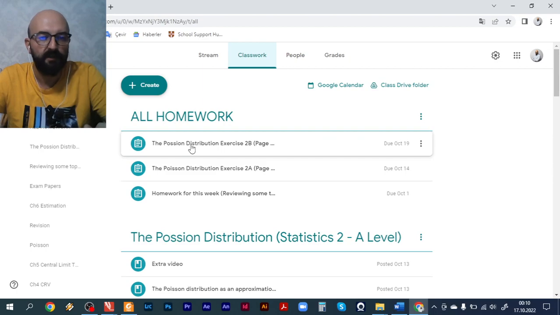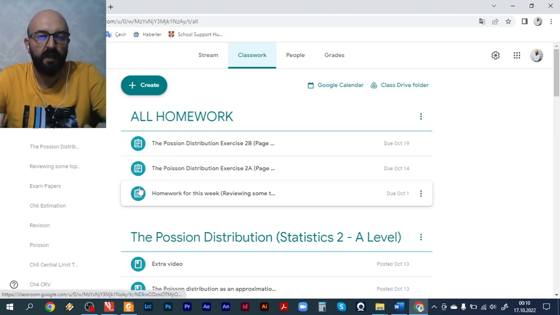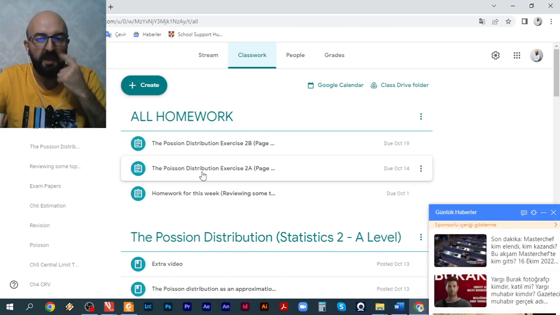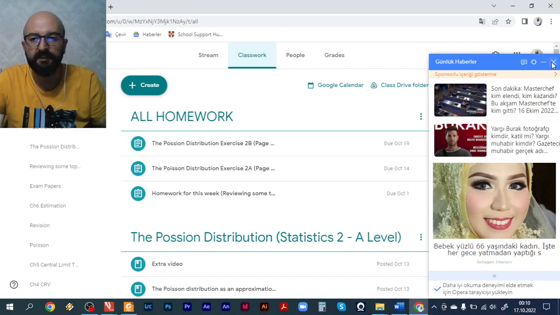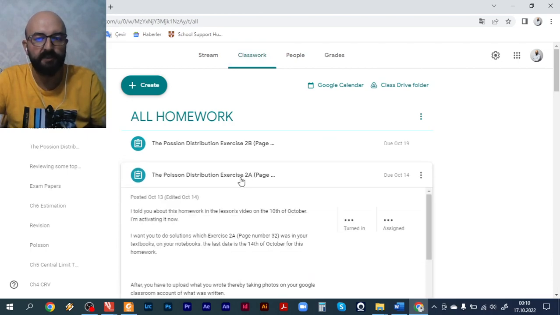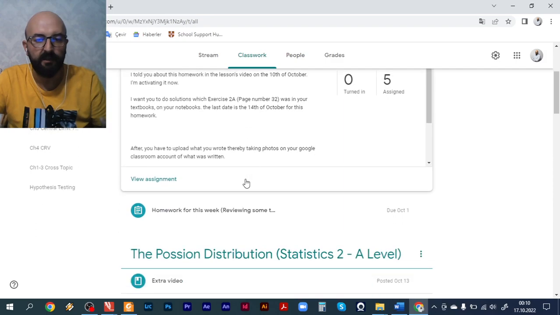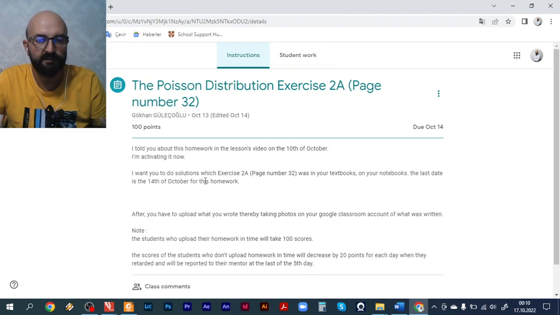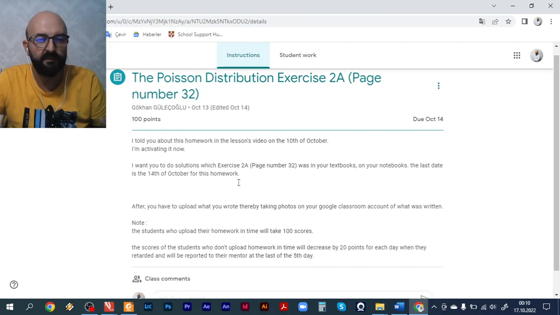You have all your homework in this folder, and I want you to follow this folder for doing your homework. For example, the Poisson distribution Exercise 2A, and you can see the instructions and the due date, October 14.